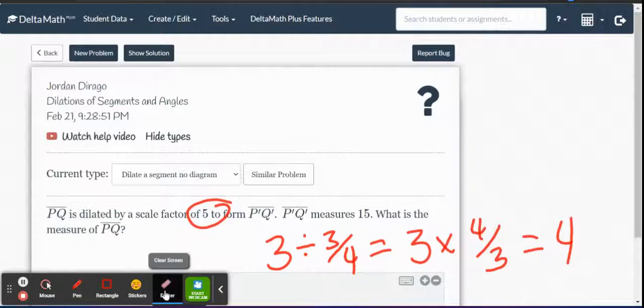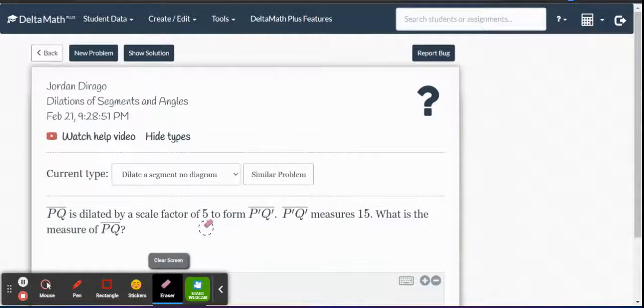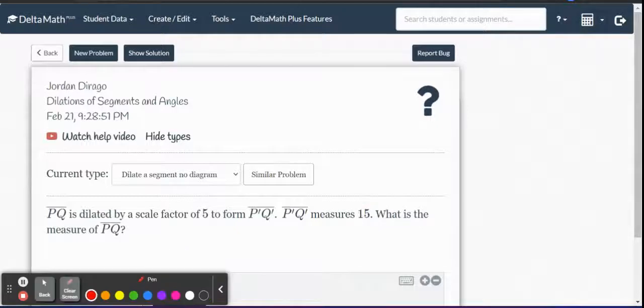Okay, here we go. This is dilated by a scale factor of 5, and the transformed figure is 15. I want to find the original. So if I have to find the original, I have to divide. So 15 divided by 5, which is 3.